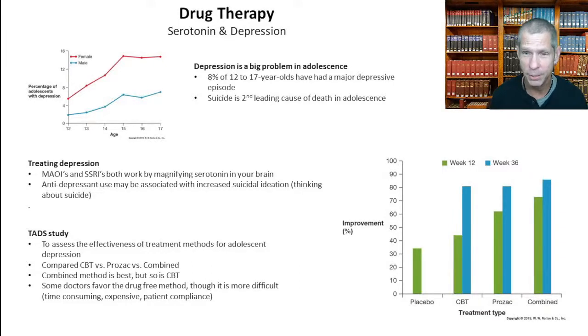And what you're going to notice is that you're going to get effects a little bit quicker if you get the combined therapy. But cognitive behavioral therapy is pretty effective at treating people's depression. On the other hand, Prozac also is very effective at treating people's depression.